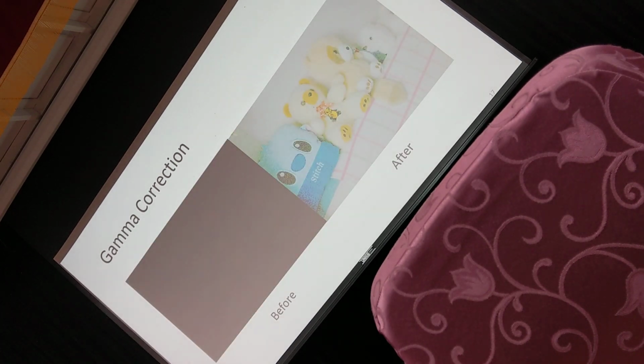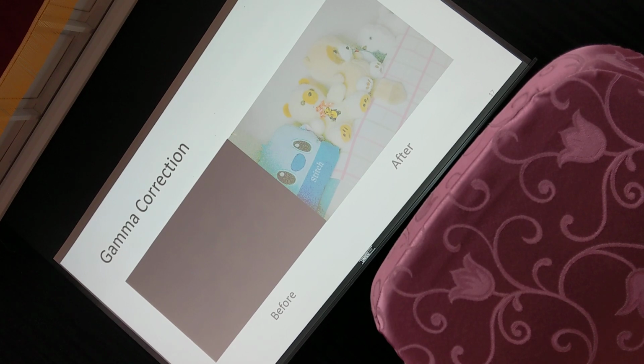The next one simply applies gamma correction directly to the dark image. But if you do histogram equalization and then gamma correction, you get a better result.